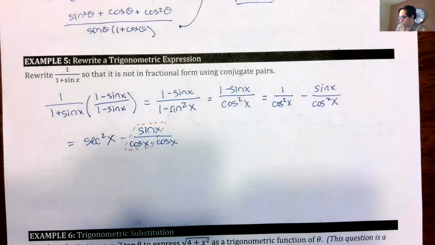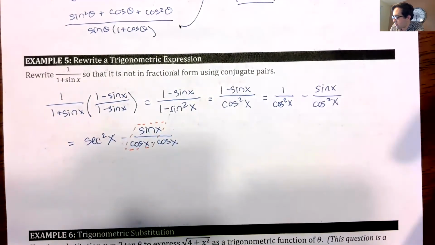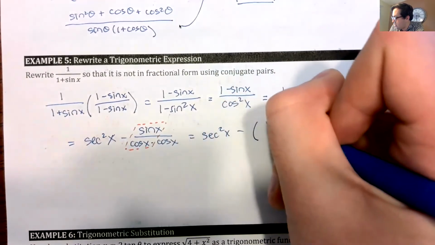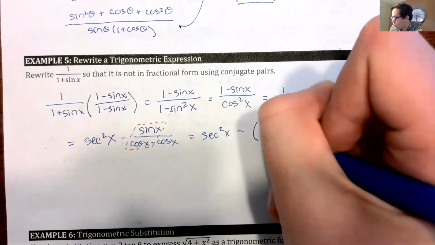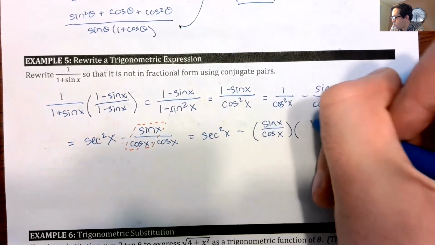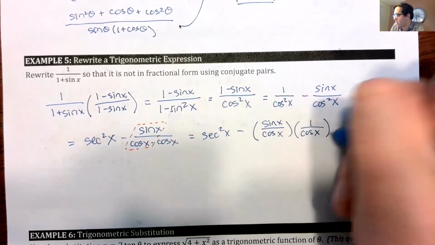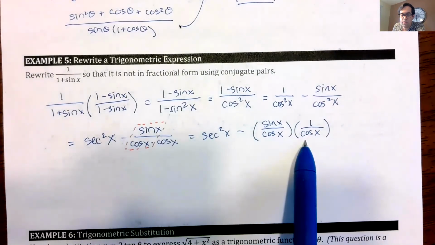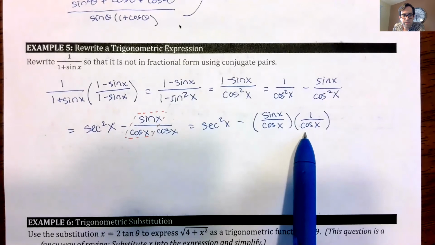So let's rewrite this one more time before we actually officially do that. We're going to end up with secant squared x minus sine x over cosine x times 1 over cosine x. So I just kind of factored out one of the cosines, made it into its own fraction.